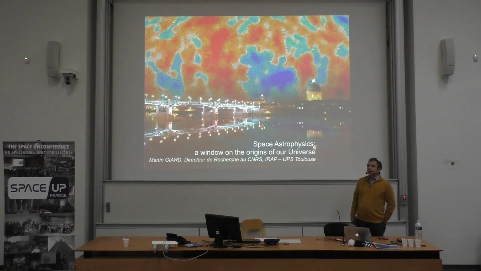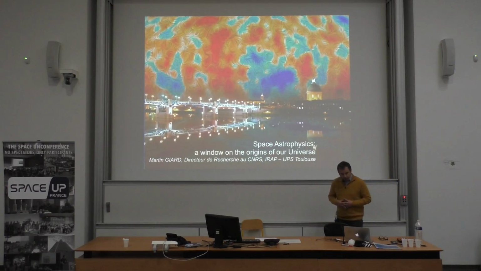And I will explain why this image, that's very far on the sky, is an image of the microscopic baby universe when it was created. So the title of my talk is Space Astrophysics, a window on the origin of our universe.